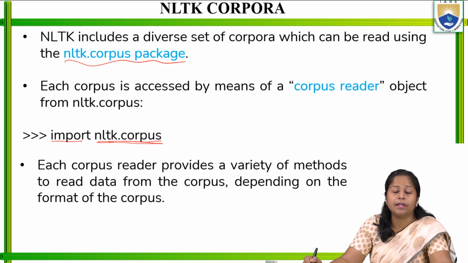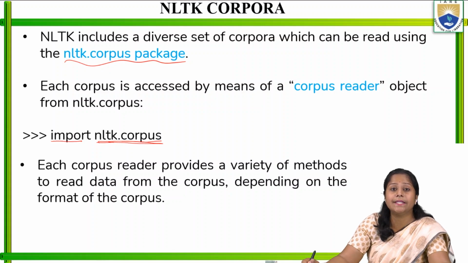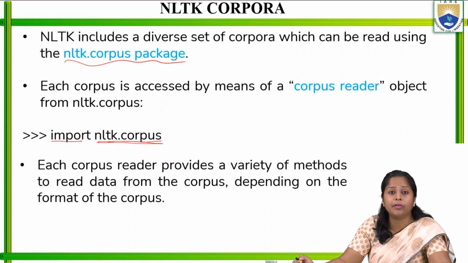Each corpus reader provides a variety of methods to read the data from the corpus, depending on the format of the corpus. A corpus is something kept by researchers in the NLTK library, and the purpose we want, the type of corpus, the type of document, will be related to the corpus type only.